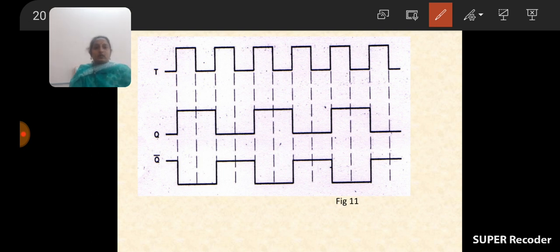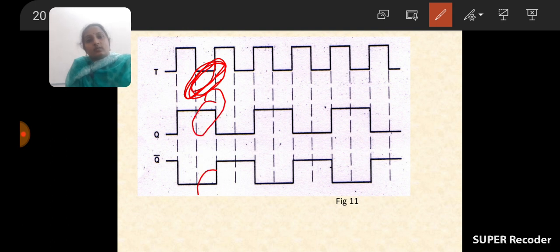If the input is equal to 1, Q is equal to 0. If the input is equal to 0, the output is equal to 1. So it is clearly there. It is negative level triggering. At negative level, if it is 0, Q is equal to 1 and Q bar is 0.